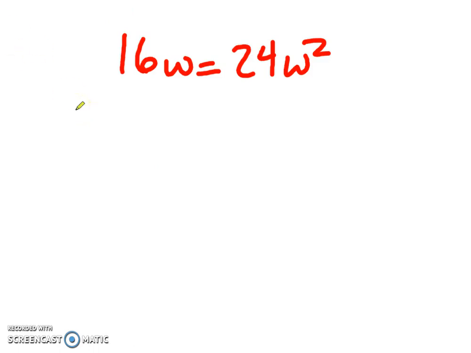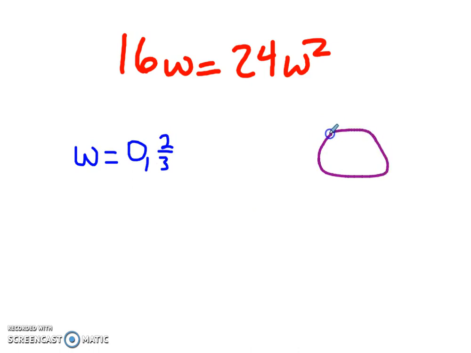Try this one on your own. Again, remember you want your w squared term to be the positive one. Pause your video now. Did you get 0 and 2/3? If you did, give yourself a glasses wearing smiley face.